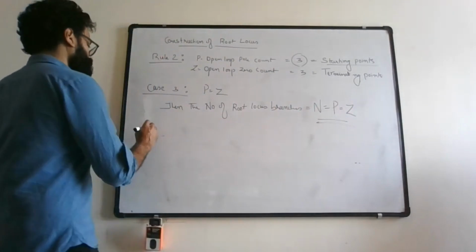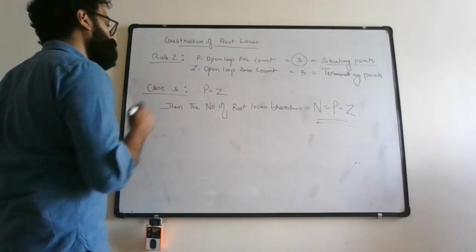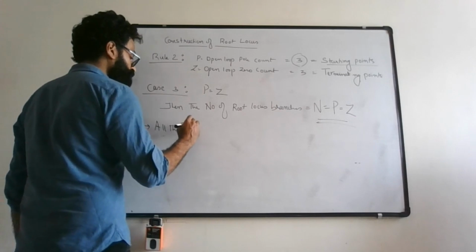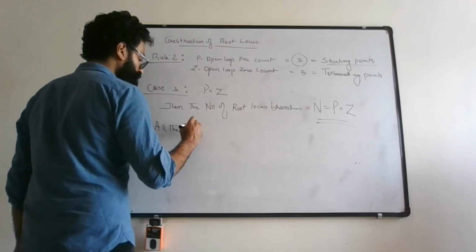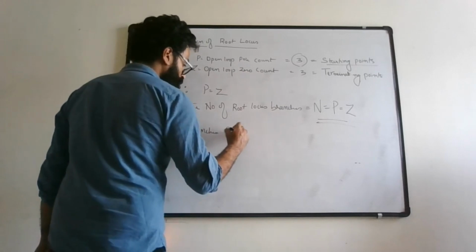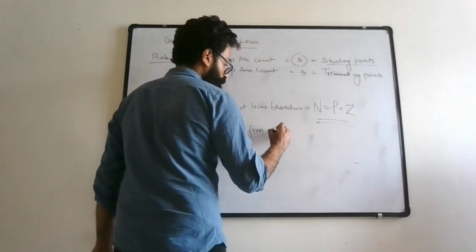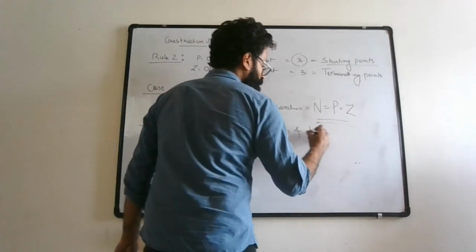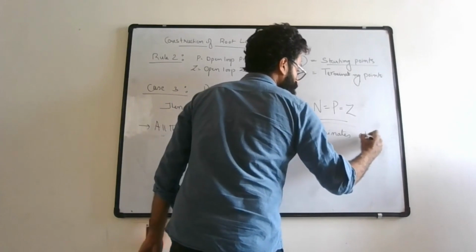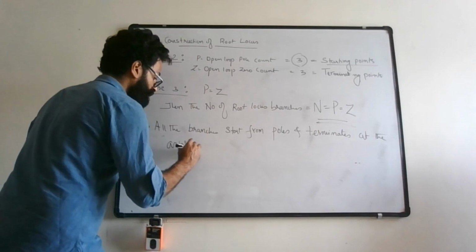Now, since you have equal number of poles and zeros, all the branches start from poles and terminate at the available zero.